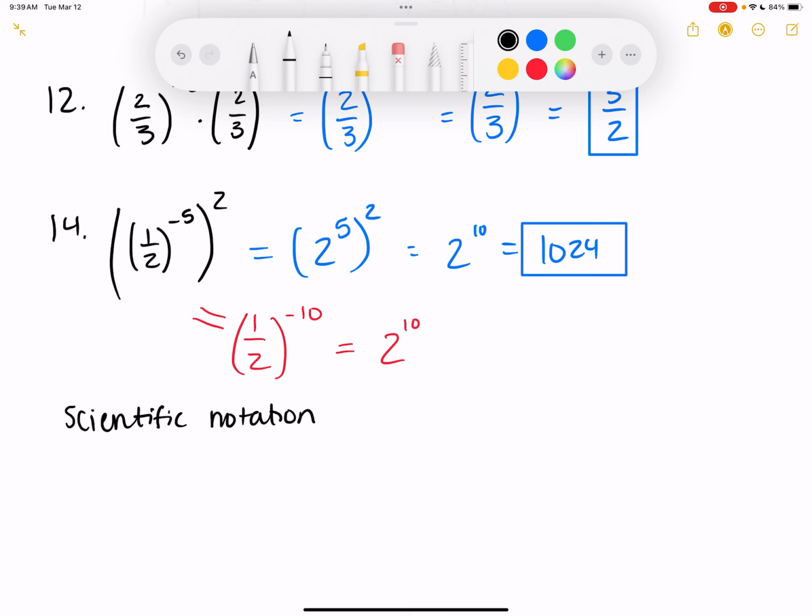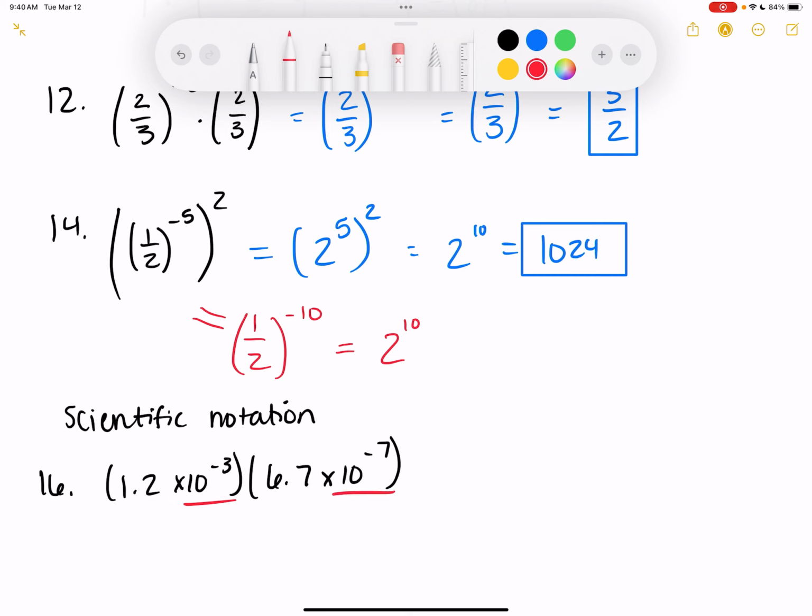So, we've got 16: 1.2 times 10 to the negative 3 times 6.7 times 10 to the negative 7. So the reason this is in this section is because they want us to do something about these here, okay?